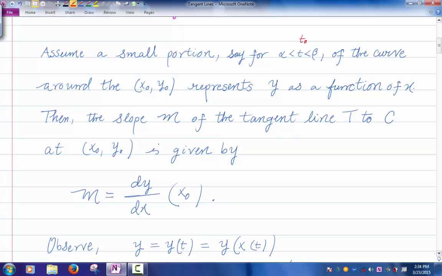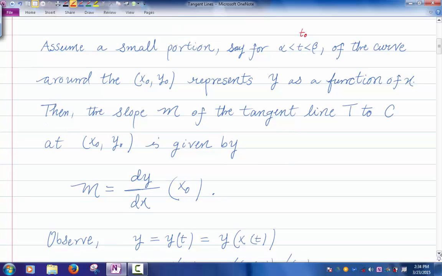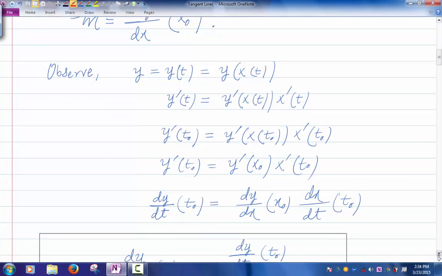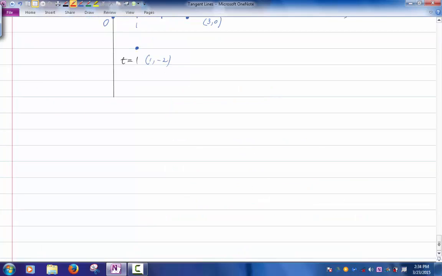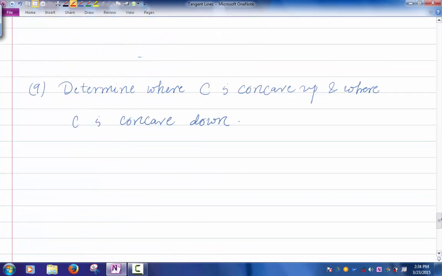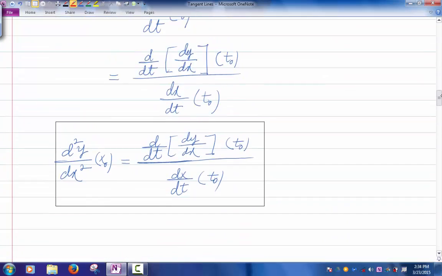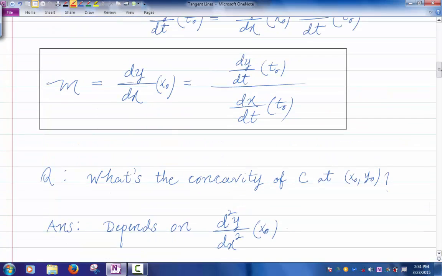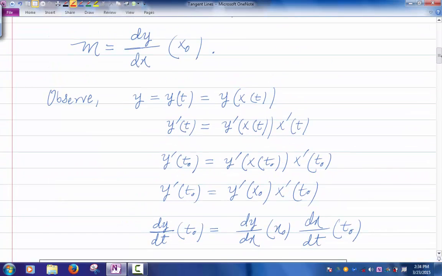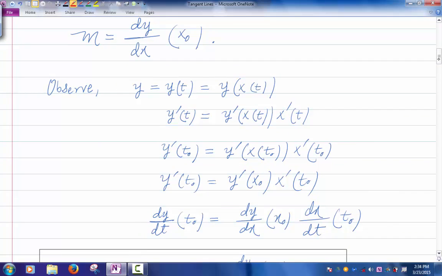Okay, so how do I come up with dy dx at x naught? The idea is the following. Remember, you're given y as a function of t in the problem, right? y is y of t, so you have a formula for y in terms of t.